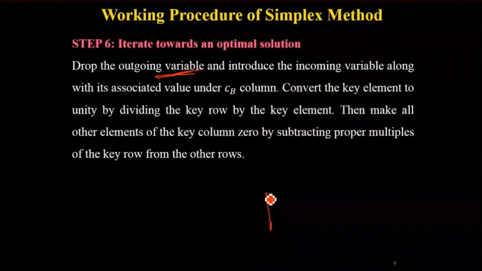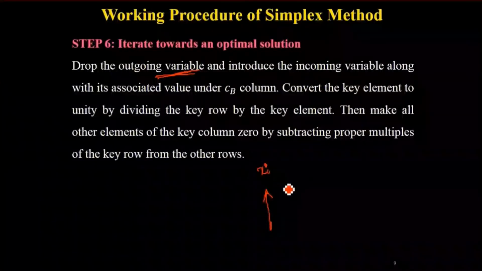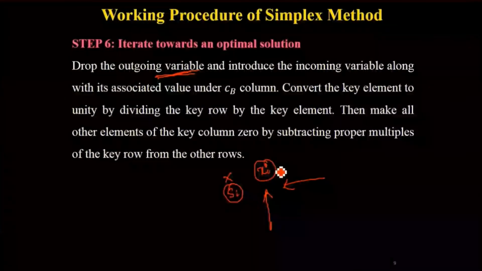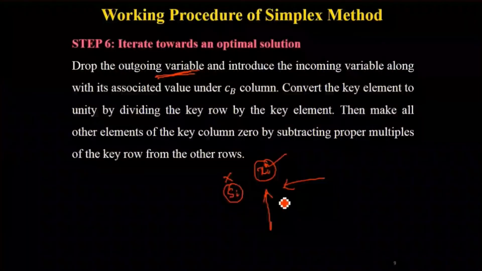For example, if this is the column with an xi value and this is the row, and here maybe an si value is there, so si will be replaced and this x will be considered. So this is the process we are going to see.